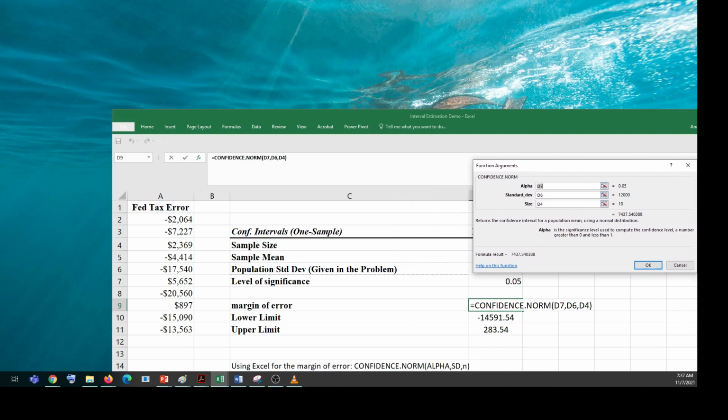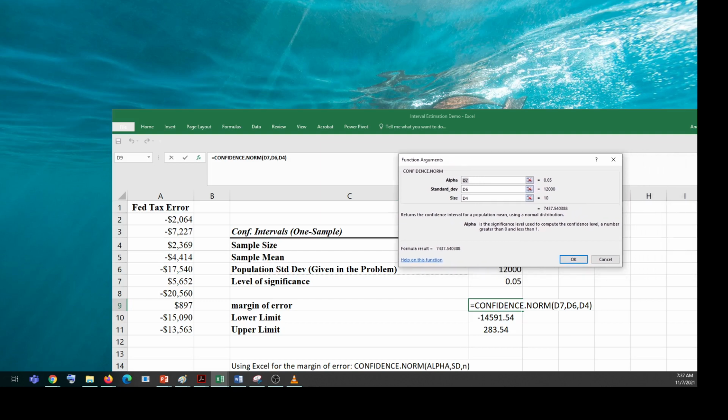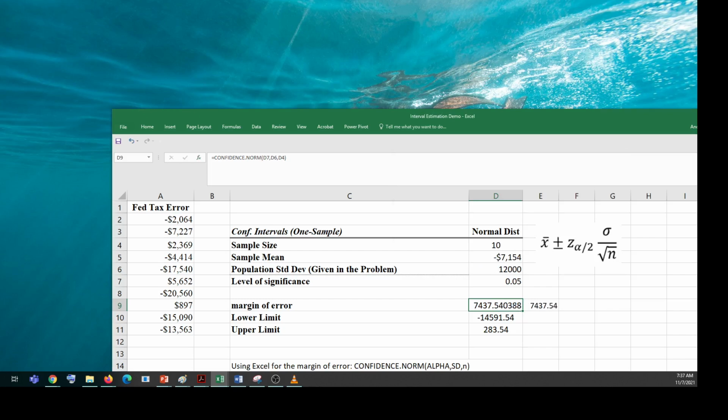Here it says alpha, not alpha over 2. So you need to put the alpha value of 5%, 0.05. Then standard deviation is your sigma, which is 12,000. And then the sample size is 10 from before. You could also just click the different cells, and it will do that for you as well. All right, so now we have the margin of error.